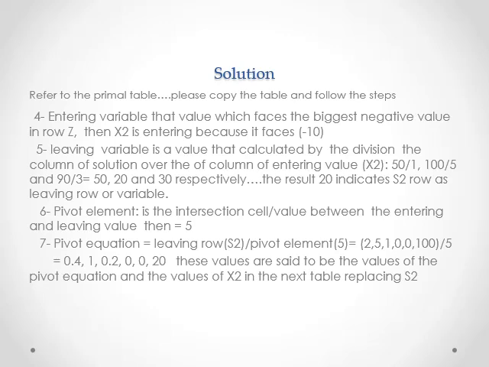Now, we found 50 over 2, 100 over 5, and 90 over 3, respectively equal 50, 20, and 30. The least value is 20. We found 20 by division 100 over 5.